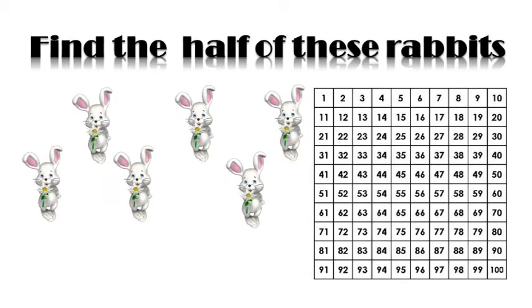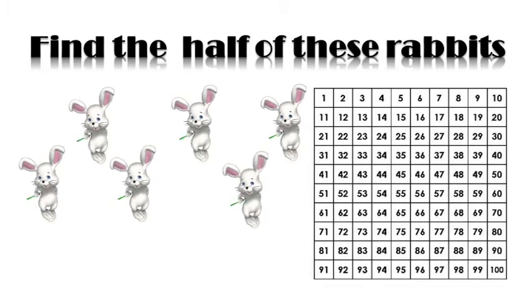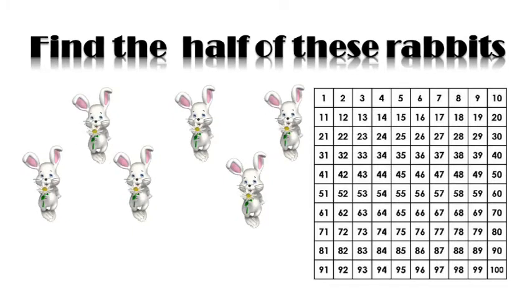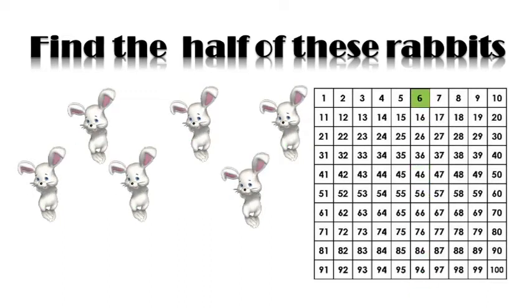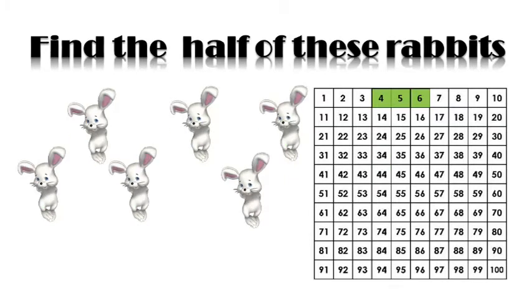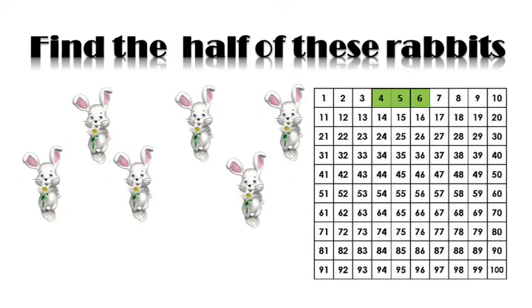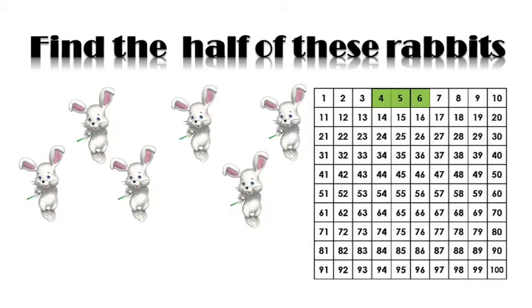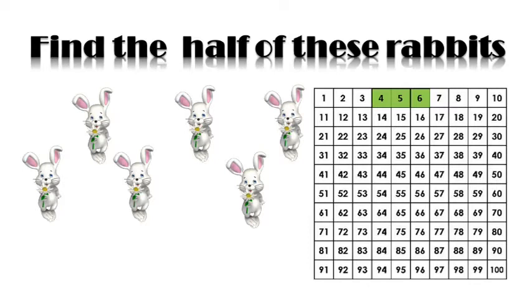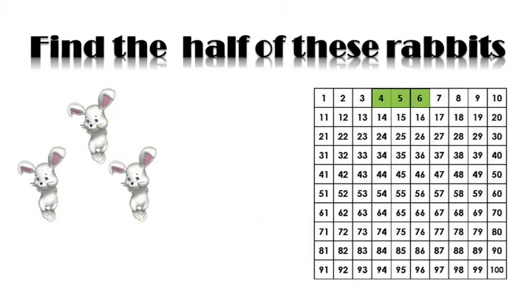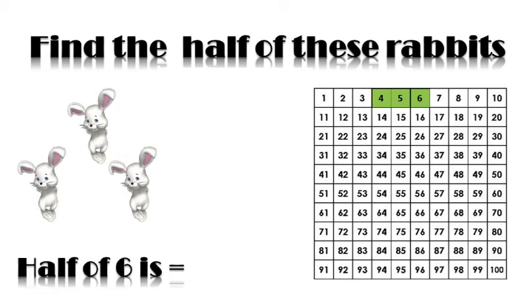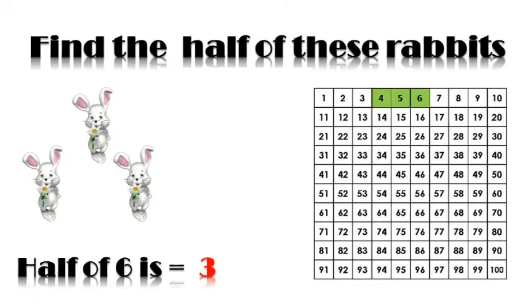Yes, there are 6 rabbits, which means we need to count backward from 6. 6, 5, 4. So how many rabbits are remaining now? Yes, 3 rabbits. So if we take 3 rabbits from here, we have 3 rabbits. So the half of 6 is 3.